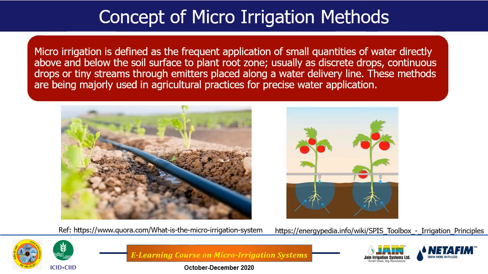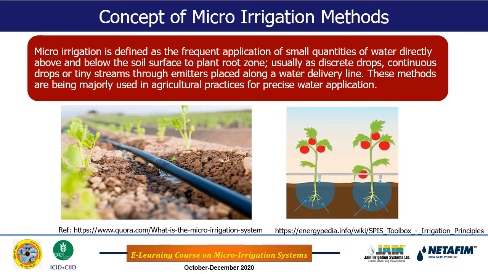Therefore, though it is possible, it is not feasible in the case of the sprinkler irrigation system, because on one side we apply water not in a micro amount, but in an amount which is much more than the micro amount. And the peculiar nature of the sprinkler irrigation system doesn't allow us to go for very frequent irrigation like in the case of the micro irrigation method.